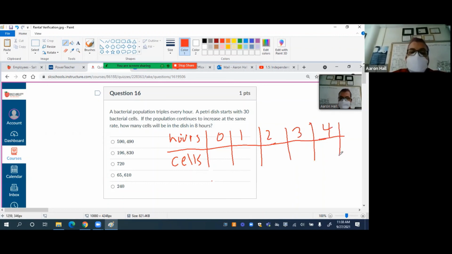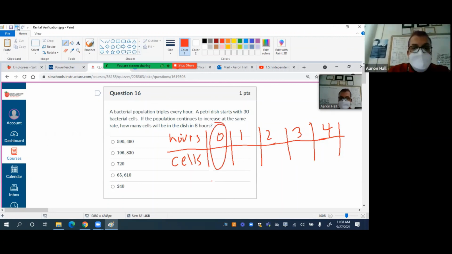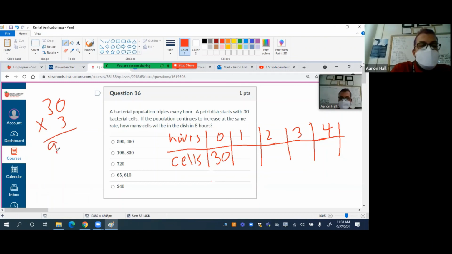How many cells are we going to have initially at time 0? Is it 10? Yeah, we have 30. We're going to start with 30. And then it says that what happens every hour? It triples. Triples means what? Times what? Times 3. 30 times 3 gives us 90.